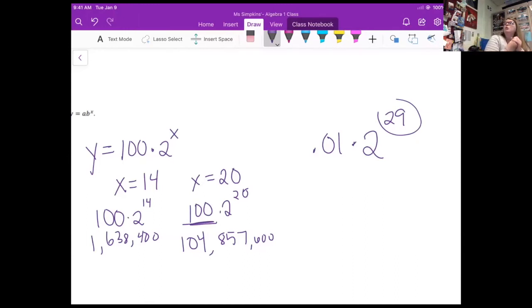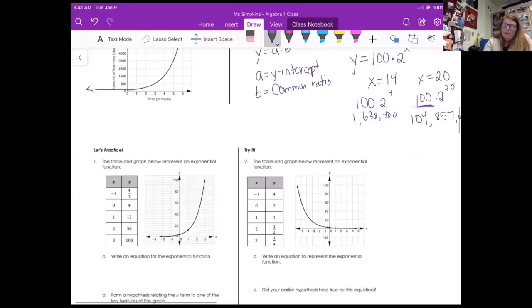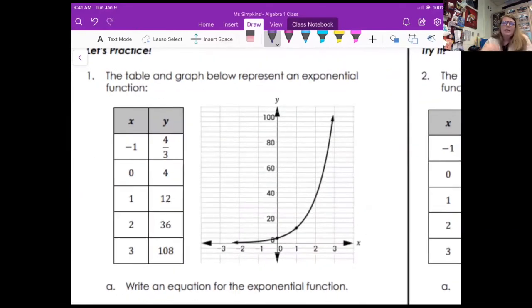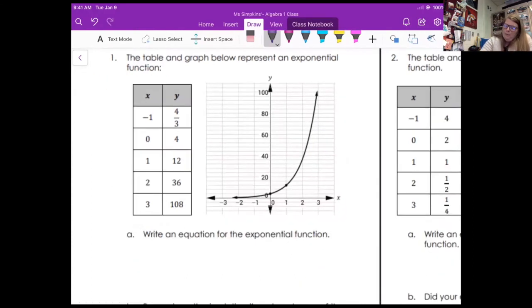So we're going to look at some graphs and tables and just create the formula. So I'm using my A value and my B value. So let's look at this first. We have a table representation and a graph. So we can use either or. So what would be my A value? Remember, A is where my Y-intercept, where I cross the Y-axis, or if you look at the table, it's where X is 0.